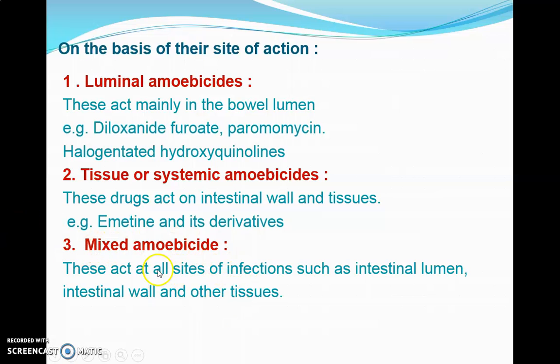So the mixed amoebicidal agent will be effective in both types of amoebiasis, that is luminal and extraluminal. For that we have the example metronidazole. Irrespective of the type, luminal or tissue, this will act. That's why it is called a mixed amoebicide.